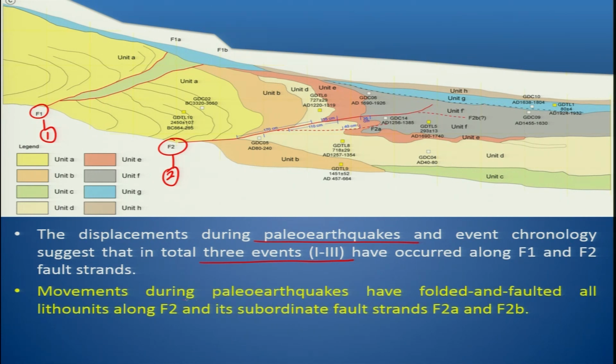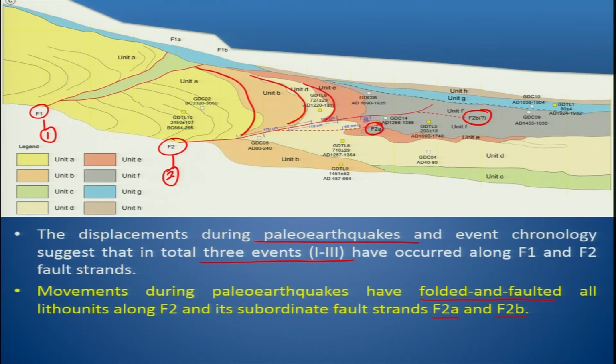So most movements during the paleo-earthquakes have folded and faulted all litho units along F2 and its subordinate faults, which were F2A and F2B. So you have F2A here and F2B is this one. What we see is that it has not just displaced the units very sharply, but has also resulted in a major folding here.